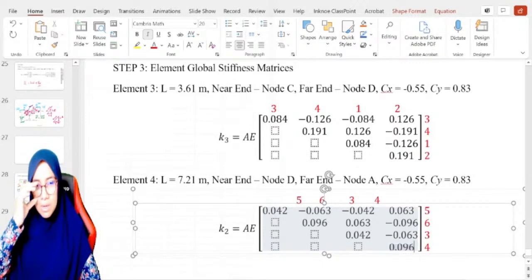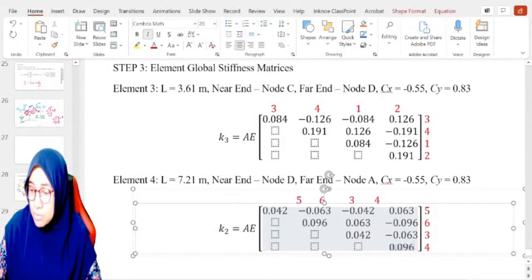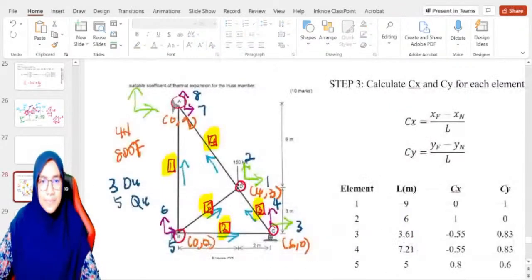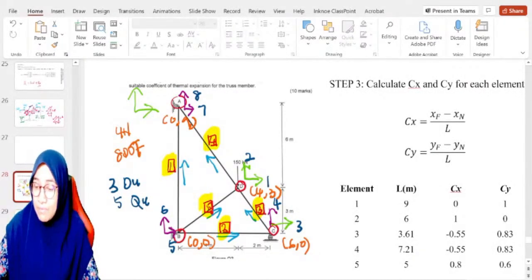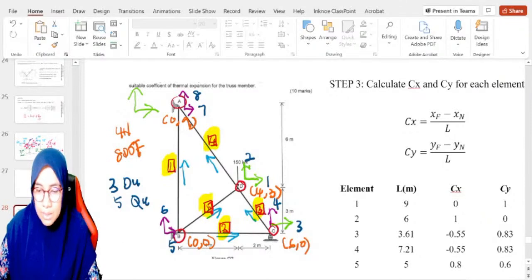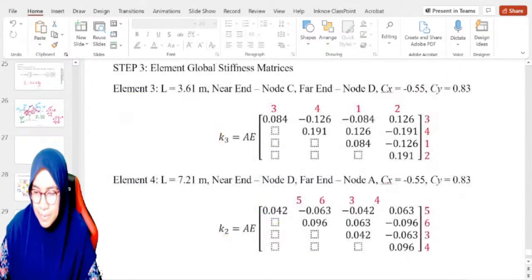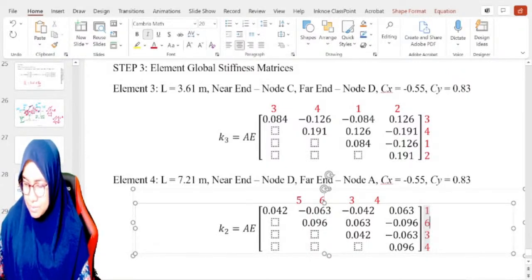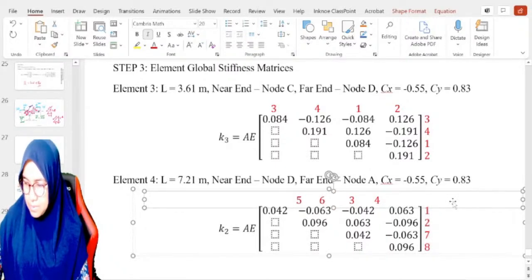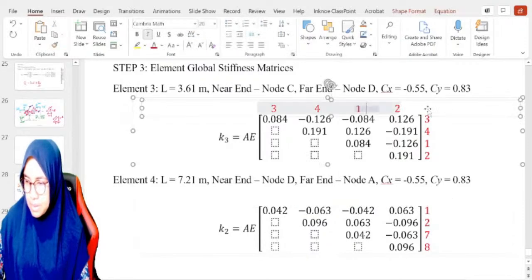Element number 4 from D to A. The label for element number 4 is 1278. Okay, 1, 2, 7, 8. I copy this.